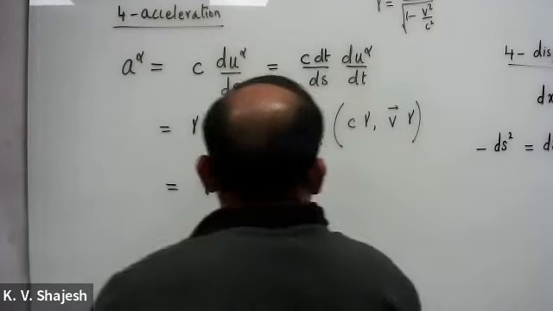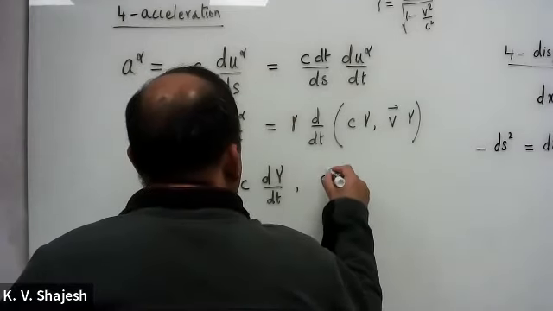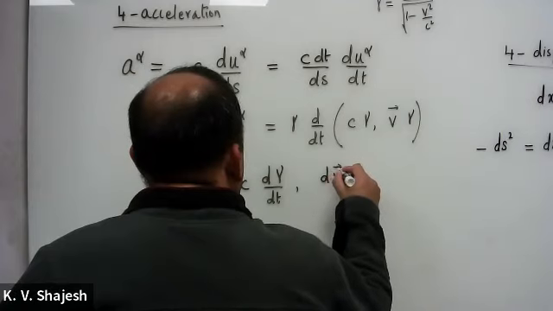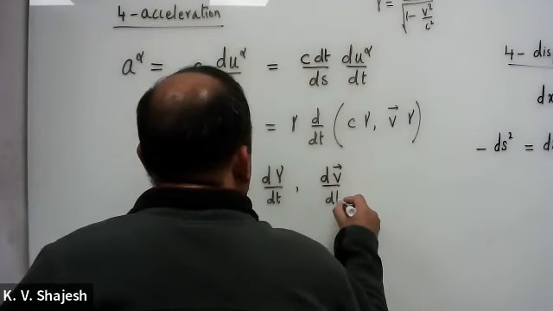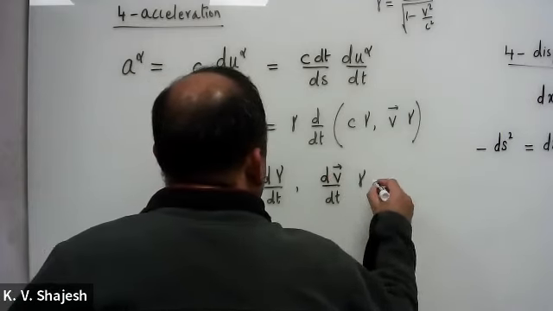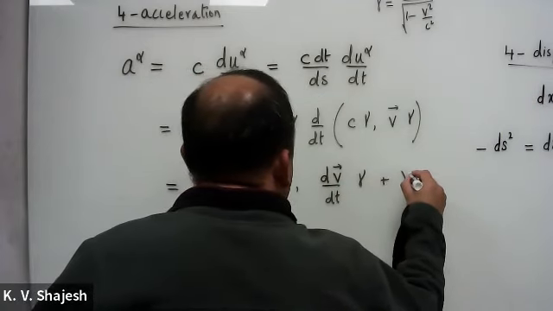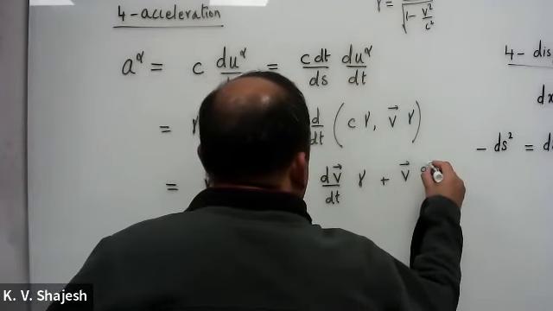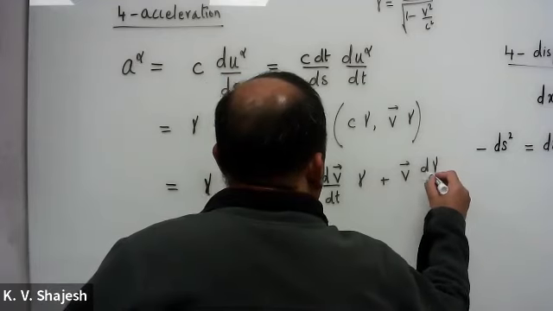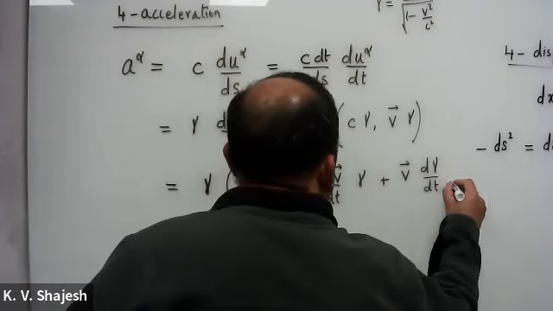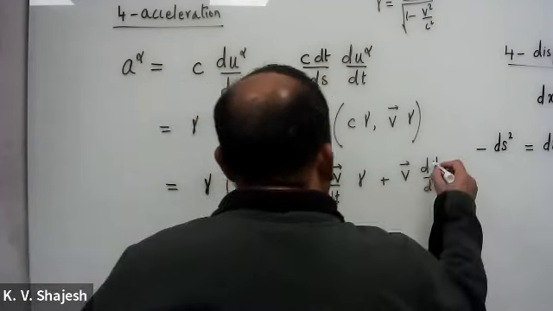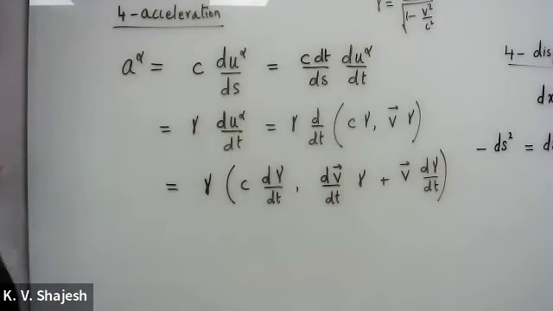So this is equal to dv by dt times gamma plus v remains the same and hit here. Once we define that derivative, let's just go smoothly.